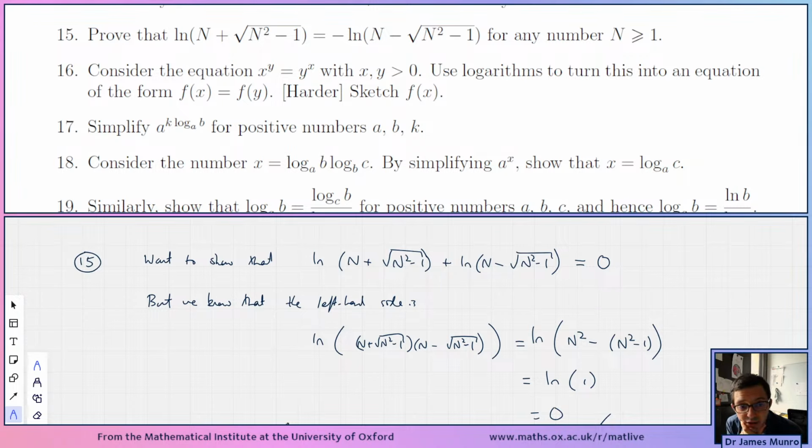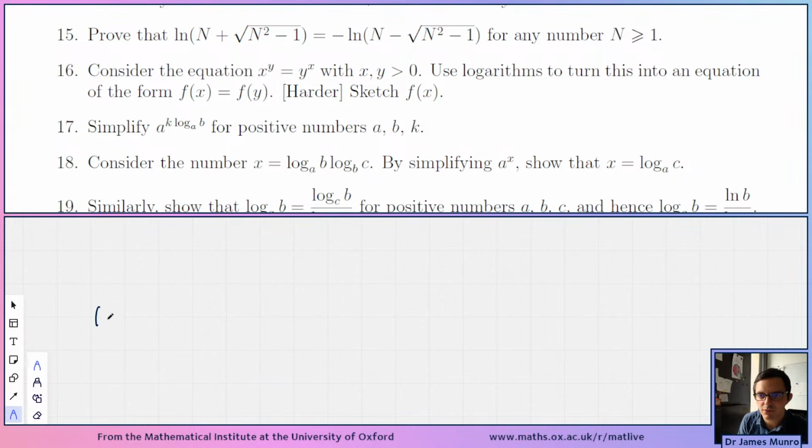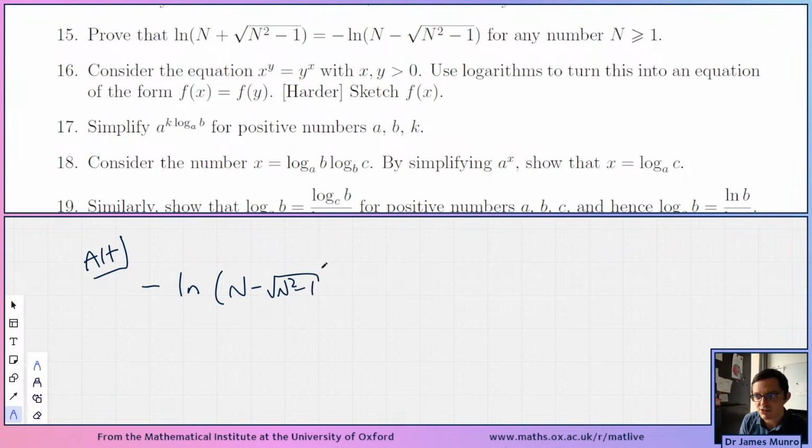Alternative, if you like, I could try instead leaving things on separate sides, but I could try bringing that minus sign inside. This is going to look very similar, I think, but be sort of different reasoning.